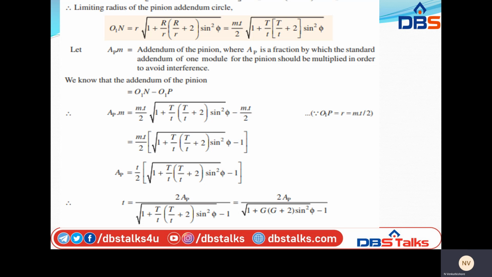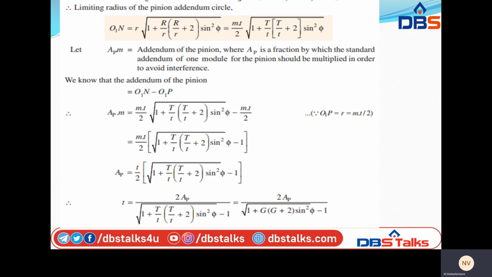The formula is module m into the number of teeth on the pinion divided by 2. So convert all the values of radius into number of teeth: m into t by 2 into square root of 1 plus capital T by small t into capital T by small t plus 2 into sine square phi.